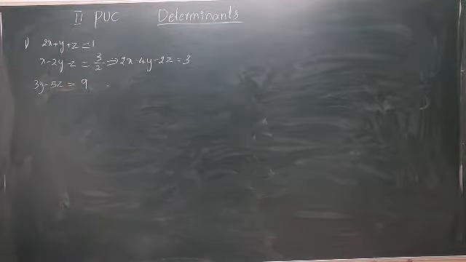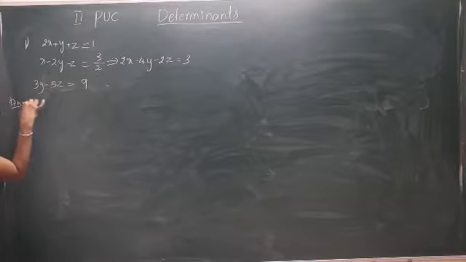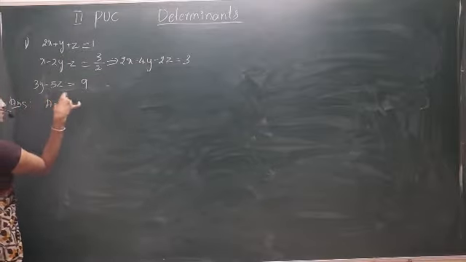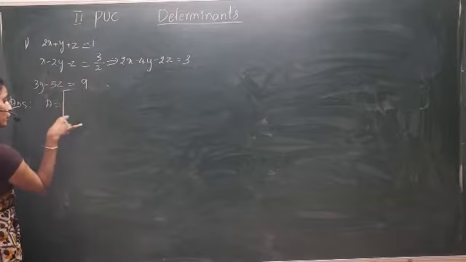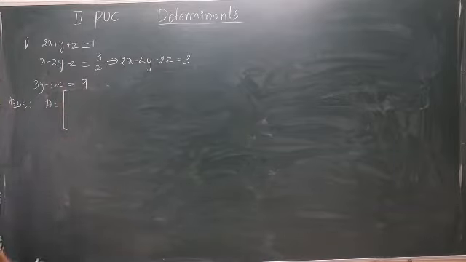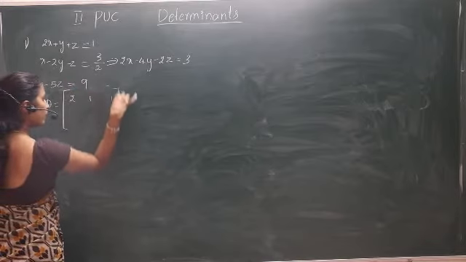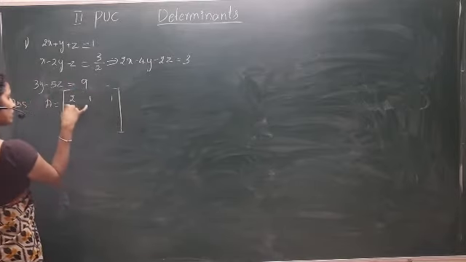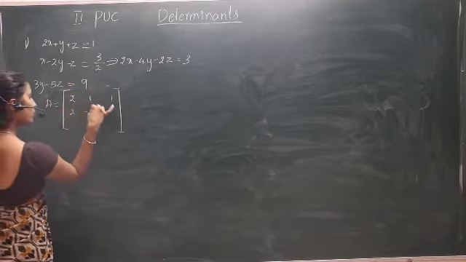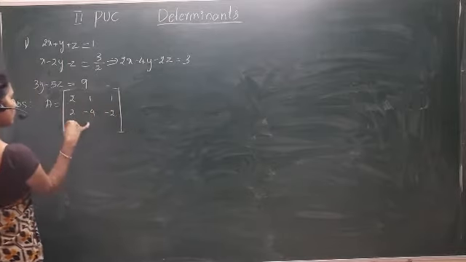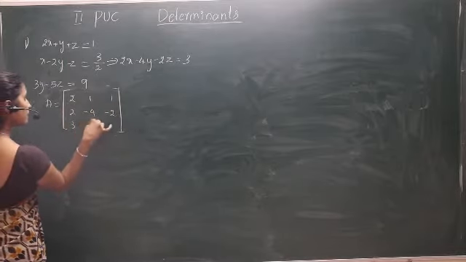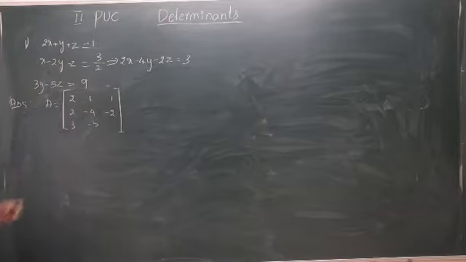So first I have to write what is A, X and B. A is the matrix obtained from the coefficients of x, y, z. So 2, 1, 1. Then the second row is 2, minus 4, minus 2. Then 3, minus 5 in the last row, where the x value is 0 now and the y value is 3, and z is minus 5.